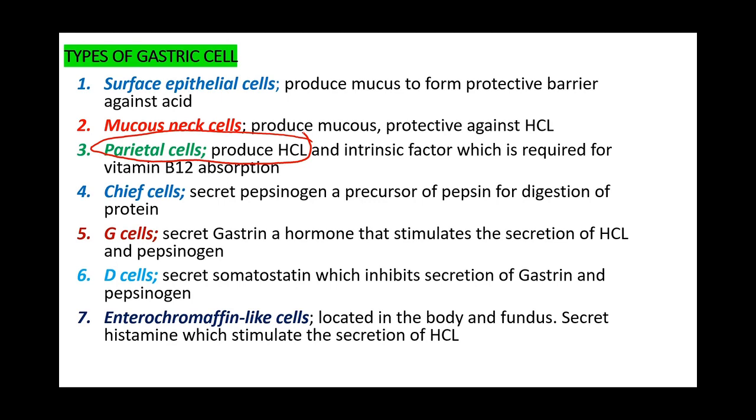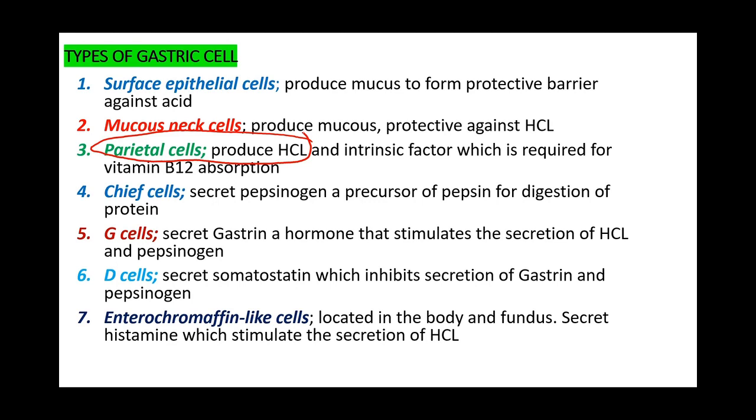The D cells secrete somatostatin, which inhibits secretion of gastrin and pepsinogen. So you should know that somatostatin inhibits acid production. It inhibits pepsin production by inhibiting gastrin. That's why you use octreotide, a somatostatin analog, to block production of gastric, pancreatic, and biliary secretions.